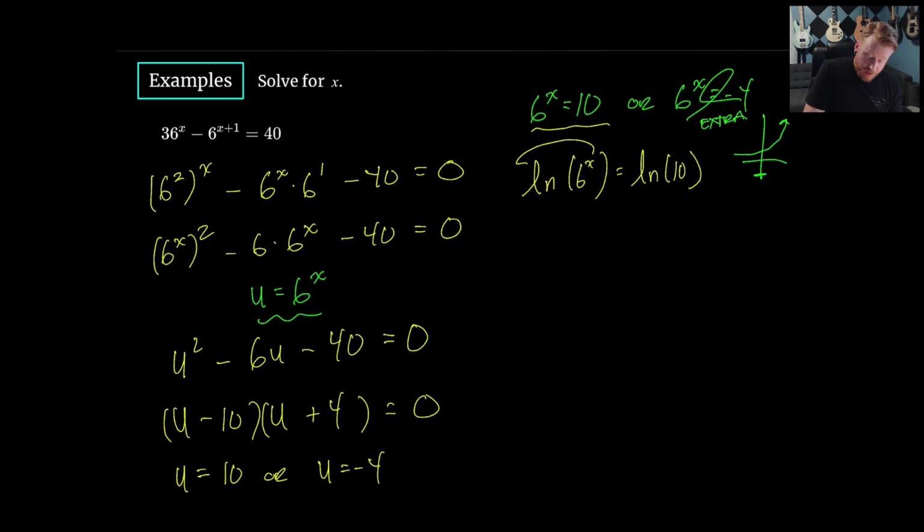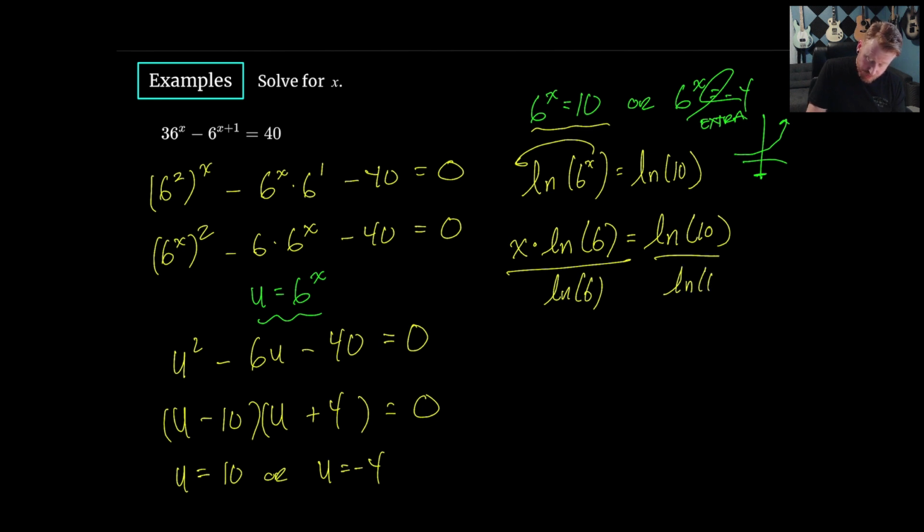Now I can use that power property to pop this x down in front, and I've got x times the ln of 6 equals the ln of 10. And now I can divide both sides by that natural log of 6. On the left-hand side, they cancel. That's the reason that we did that. And we get that x is equal to the natural log of 10 over the natural log of 6.